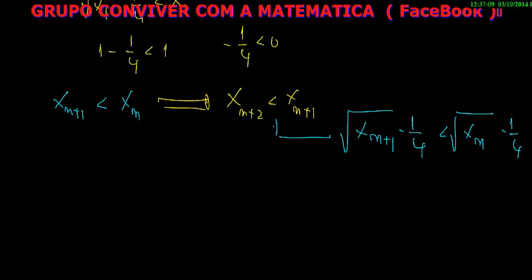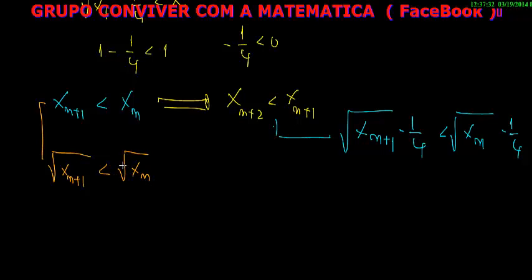Okay, now I can grow, because I'm going to take here the square root. If this is lesser than this part over here, I can write down that square root of x index n plus 1 is lesser than square root of x index n.